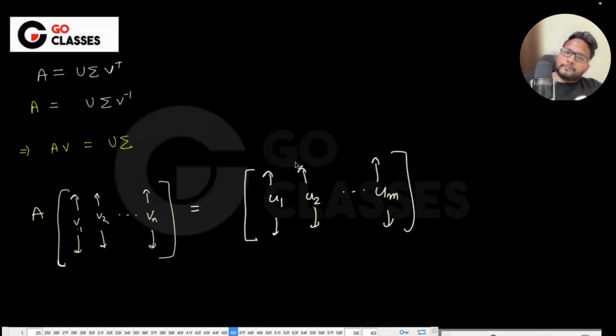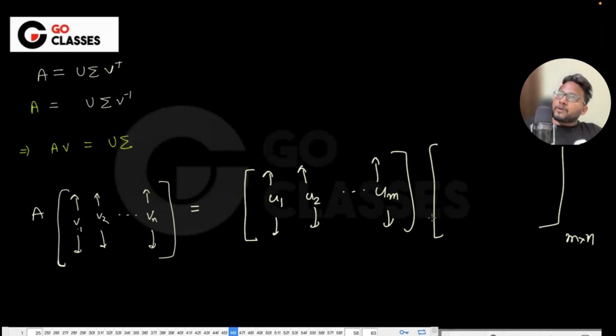Into sigma. What is the dimension of sigma? Can anyone tell me? Same dimension as A, right? So what is the dimension of A? M cross N. So it is also M cross N. If M is more, then maybe sigma 1, sigma 2, like this, right?